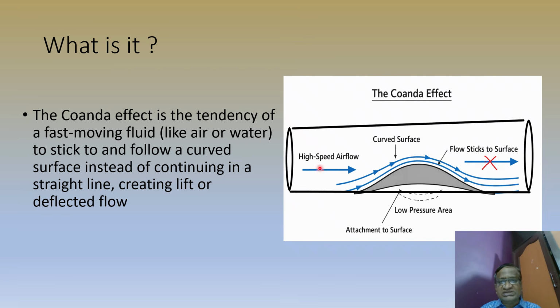It is a tendency of a fast moving fluid, when there is a curved surface, to flow towards the curved surface and not directly straight. So a high speed jet follows a curved surface instead of continuing in a straight line, creating a lift or a deflected flow. This is what is called the Coanda effect.